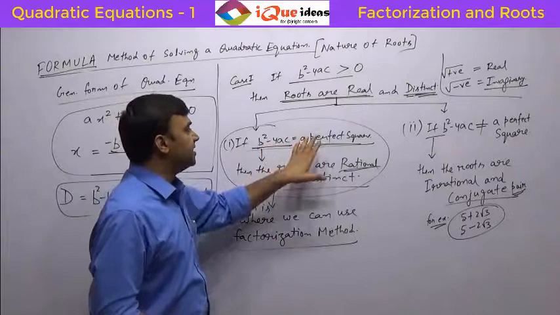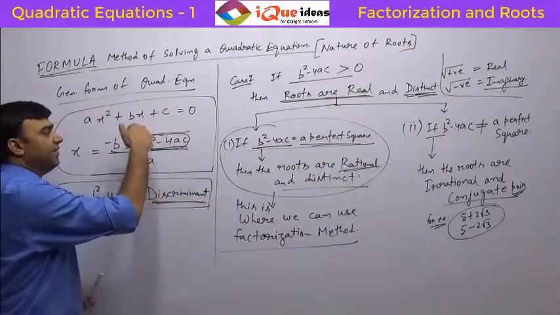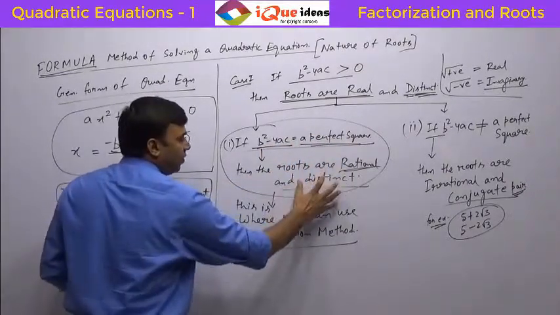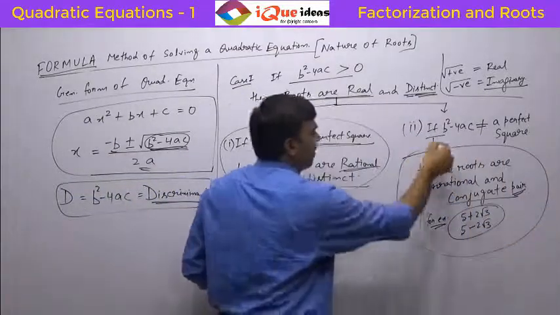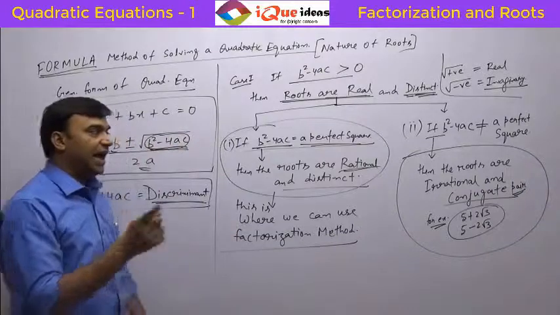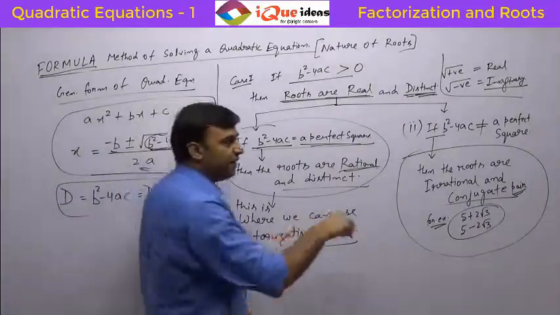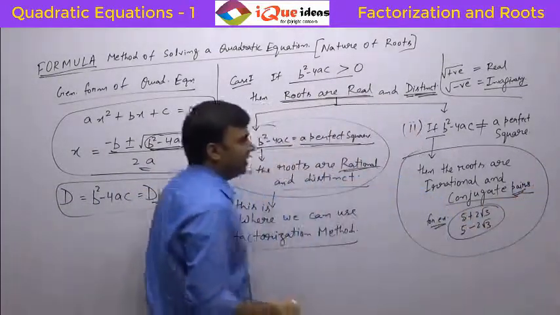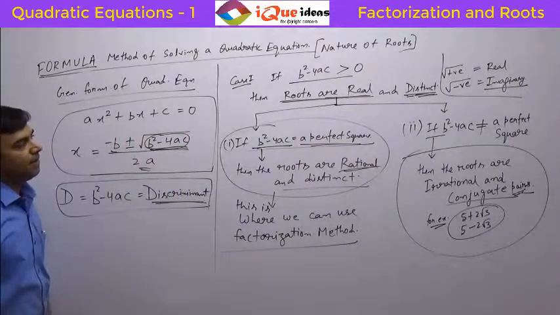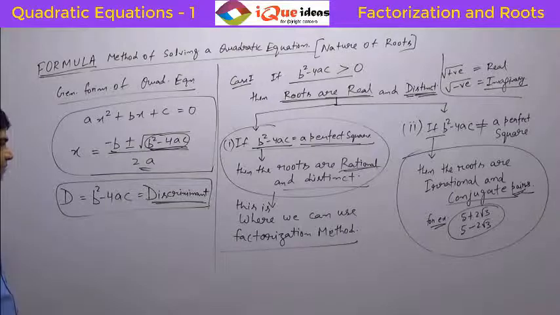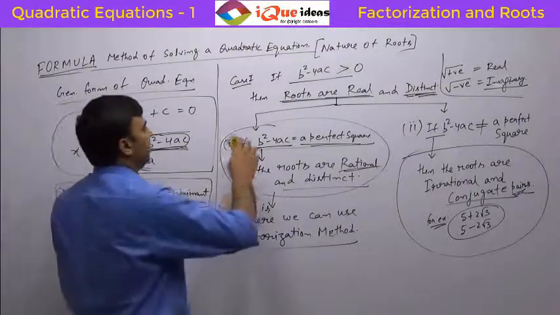If b square minus 4ac is a perfect square, then the square root sign will go away and we'll get a pair of rational roots, right? If b square minus 4ac is not a perfect square, then the roots are irrational and conjugate pairs, examples of which we have already seen in the last 3 questions. Okay, right. Now let's take up the next case.